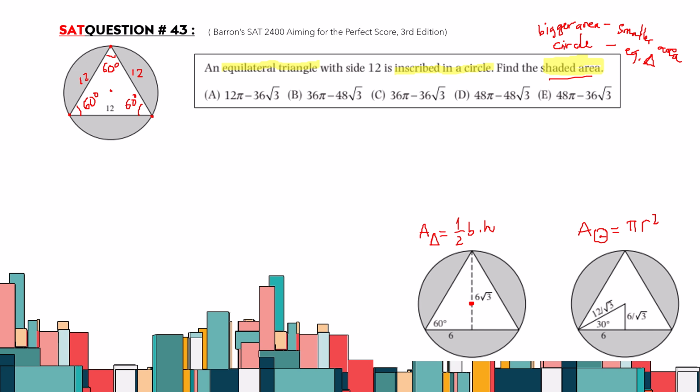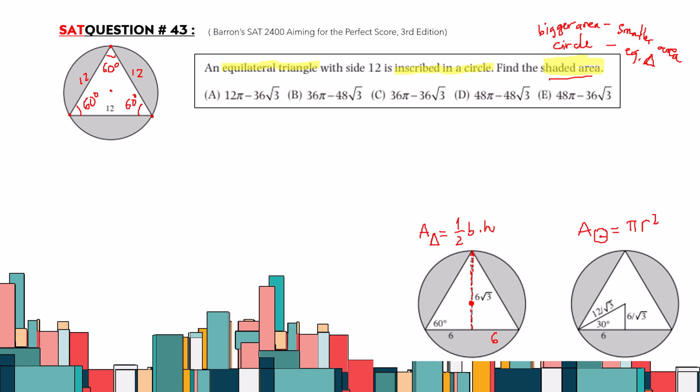So because the equilateral triangle is inscribed in a circle, when from one vertex of the triangle we connect to the center of the circle, it will split the opposite side in half. So this one is 6 and another one is 6.